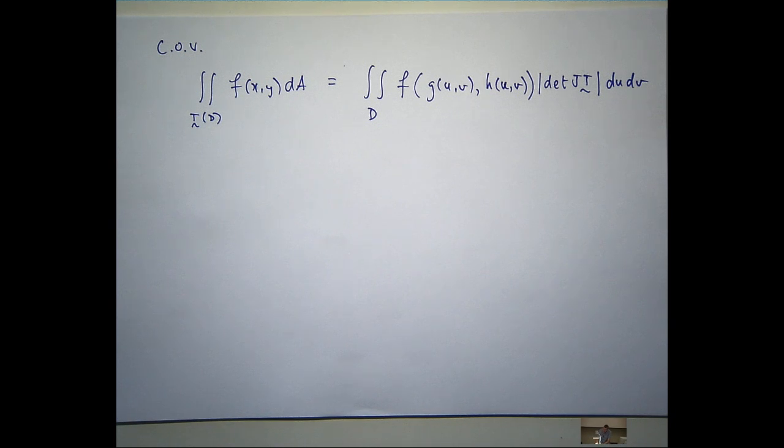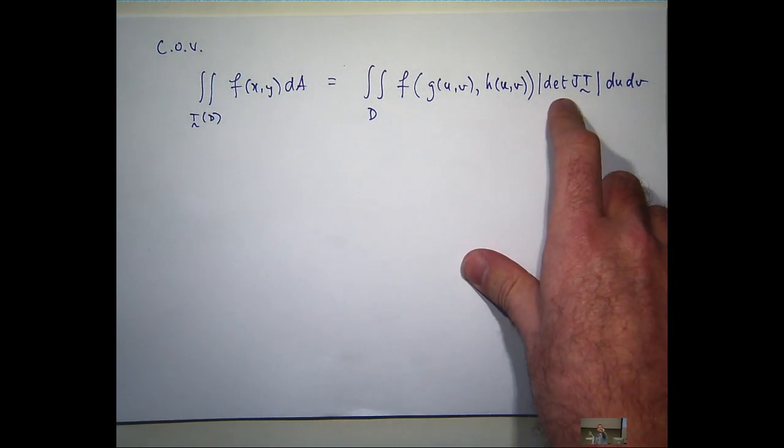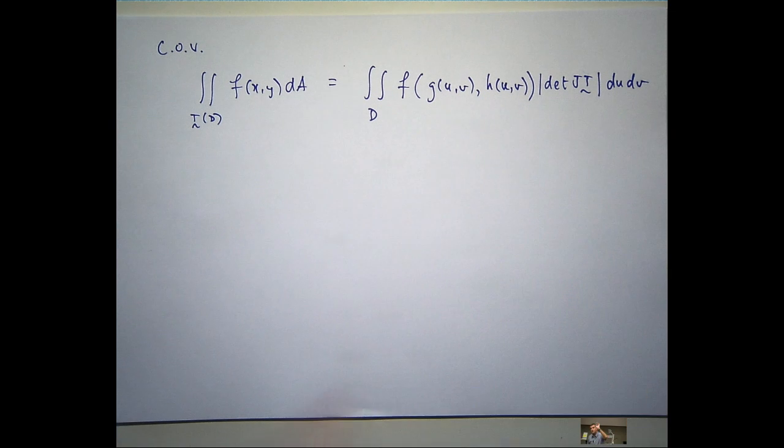Okay, so there are some assumptions, of course, that we make on our operator T. So let's just quickly review those. Firstly, T's a one-to-one mapping. The determinant of the Jacobian is not zero, or if it is zero, it's only zero at isolated points. So it might be zero at the origin and zero nowhere else. We also make some assumptions on our f, g, and h.